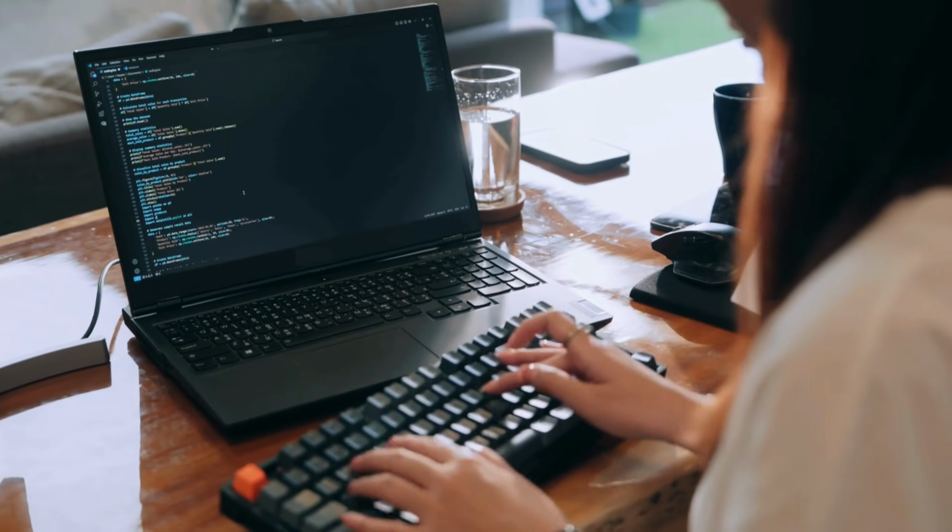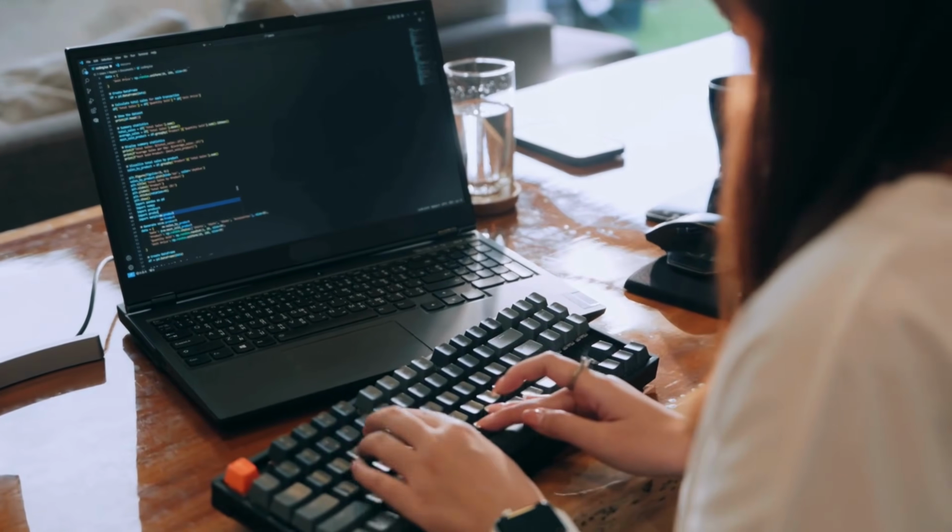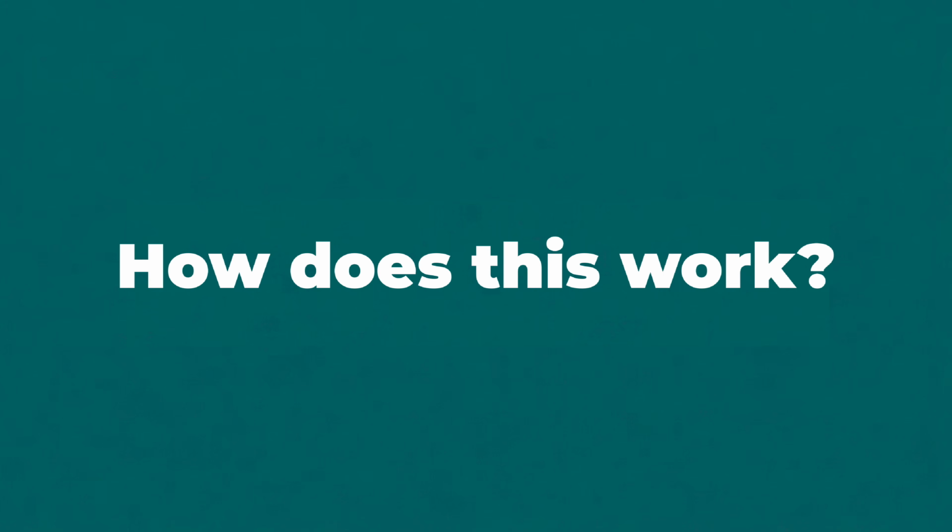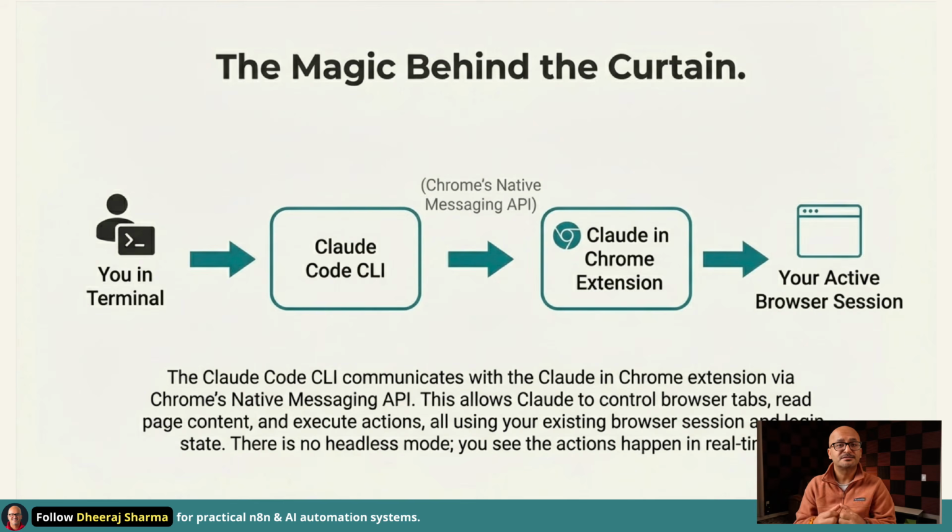And if you have not gone up to speed with this kind of workflow, then now is the time that you can get hands-on on Claude Code and use this special Claude Code for Chrome browser extension in order to marry both of them together and automate a lot of things as a developer for you. So what essentially happens is when you install the Claude Code's Chrome extension in your Chrome browser, it starts using Chrome's native messaging API.